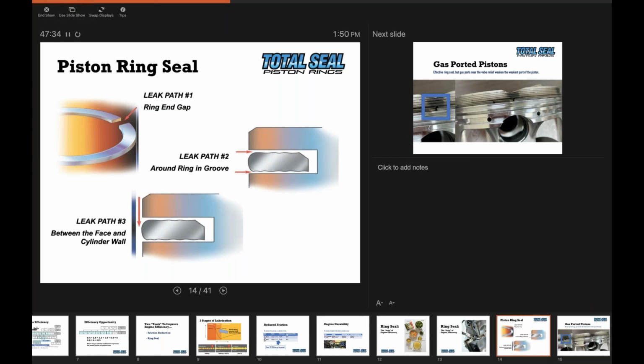And that leak path, past the face, you're trying to deal with that. In the old days, when engines had low compression, you could have really high ring tension, and that would basically do the job. But in today's higher compression engines, it's not the ring tension that's creating the seal. It's the gas pressure getting behind it and forcing it out.